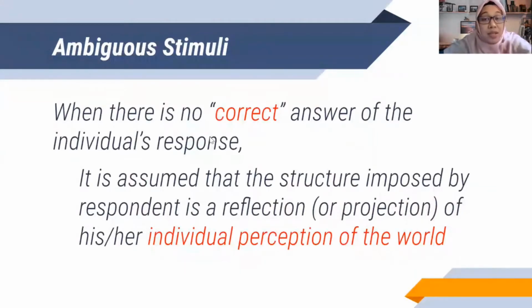So, when using this kind of projective technique, the subject will feel safe to express his or her thoughts, feelings, and other internal processes to the administrator or tester, without being afraid of being judged. That's the benefit of the ambiguous stimuli.